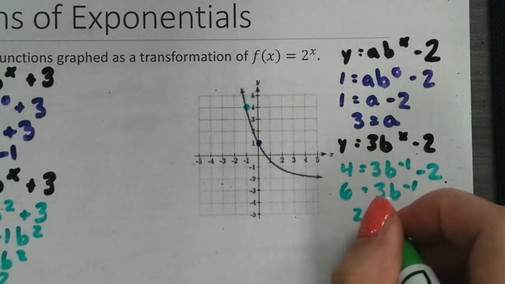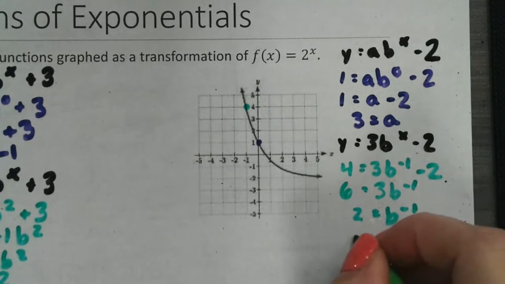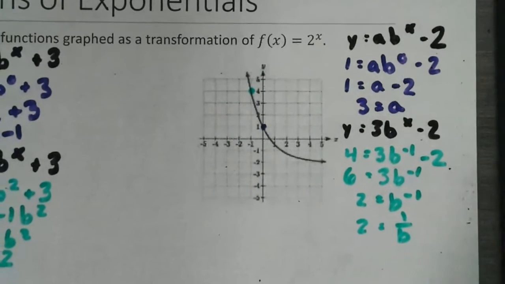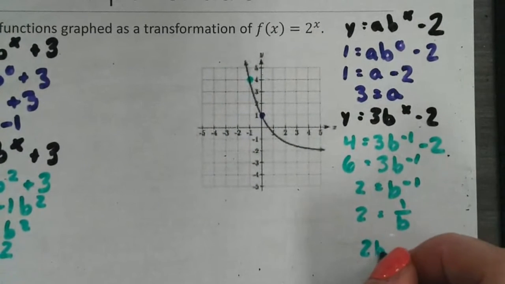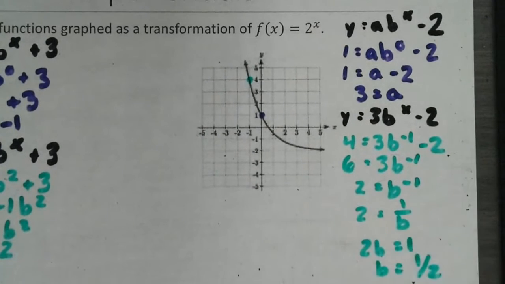Dividing by 3, we get b to the -1 equals 2, but b to the -1 is the same thing as 1 over b. So if 1 over b equals 2, I multiply both sides by b, so 2b equals 1, and dividing by 2, I get b is equal to 1/2.